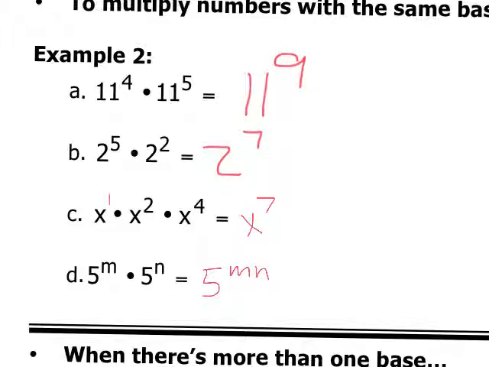Is that right or wrong? That is wrong. What operation is m n? Multiplication, right? When two things sit next to each other, that's multiplication. Is our rule to multiply exponents? No, so I would not want m n as my exponent.